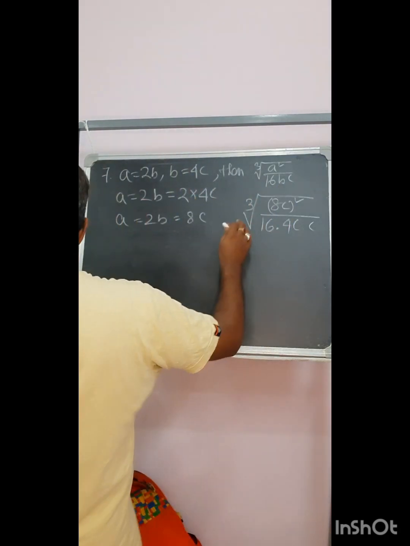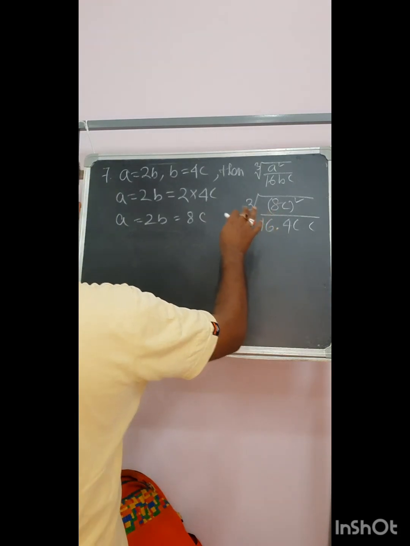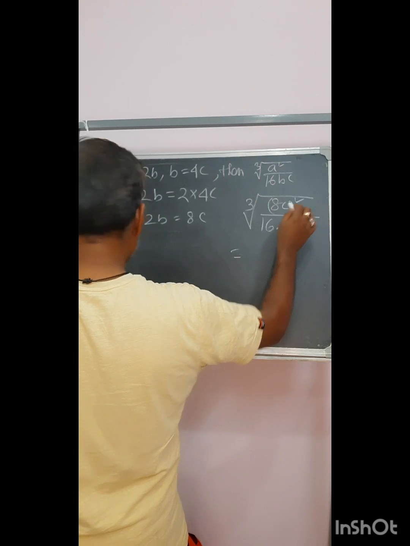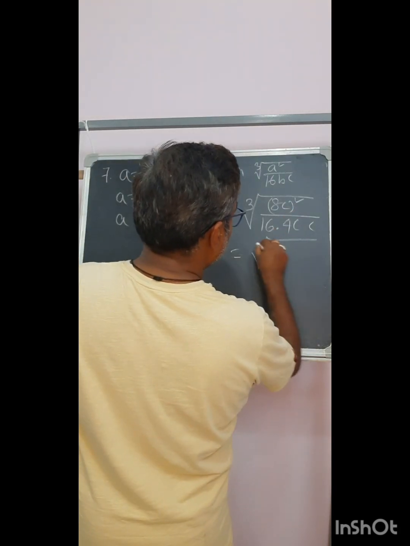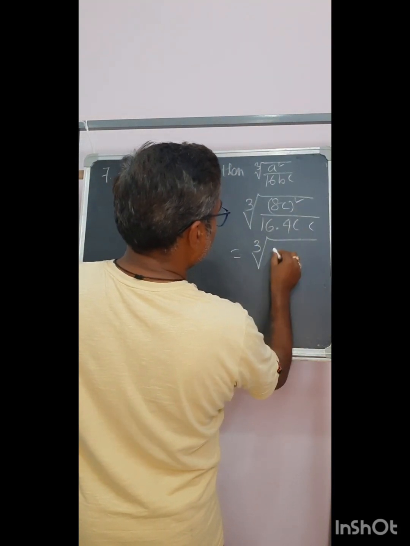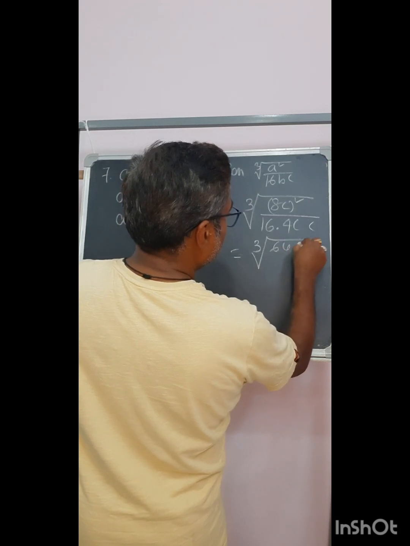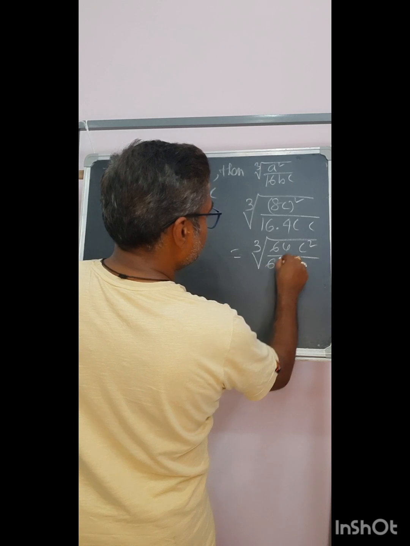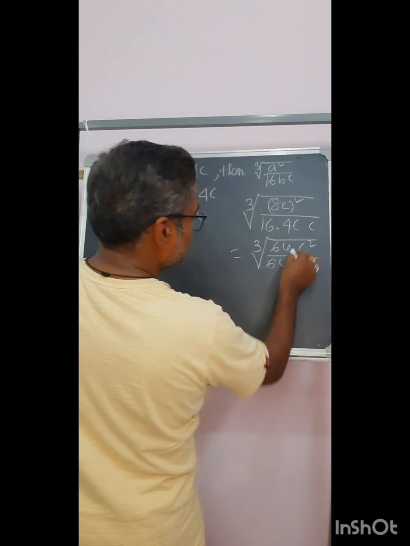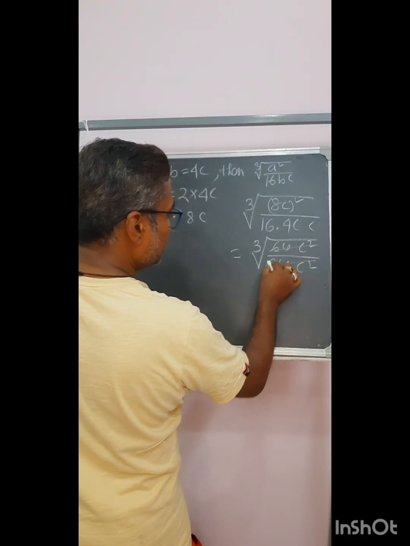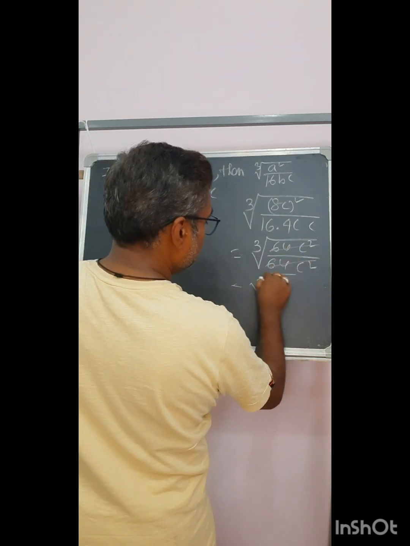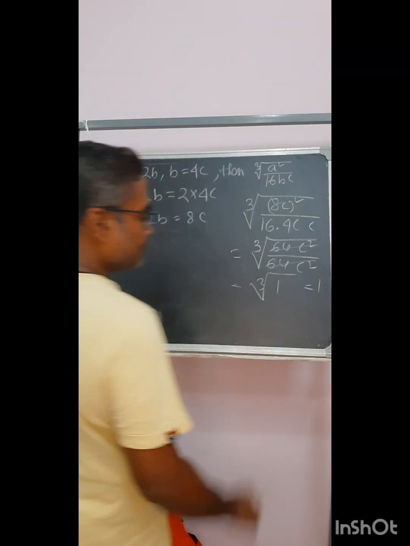This is the A square, so A square is 8C square, under the cube root. Now 8 square is 64, and C square comes here, and here 64 also, and C square will come. You can see that both will cancel out, that means the value will be 1. So the cube root of 1 will be 1.